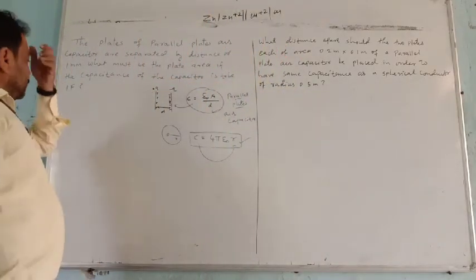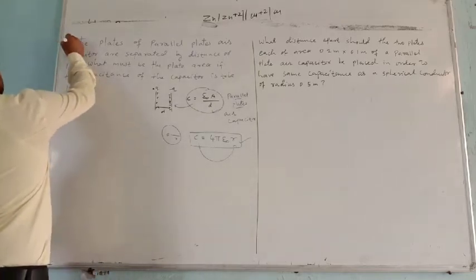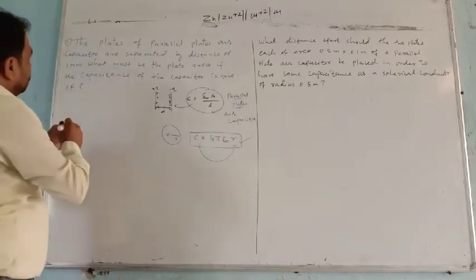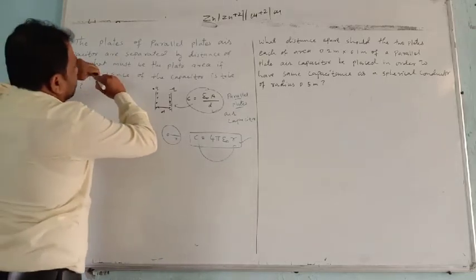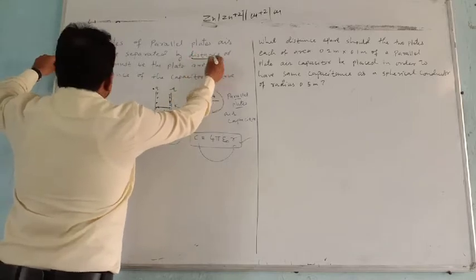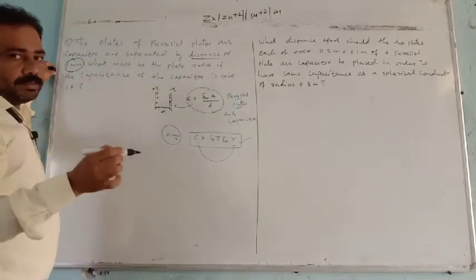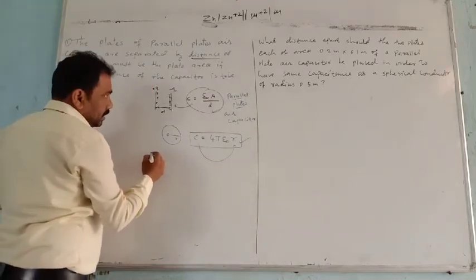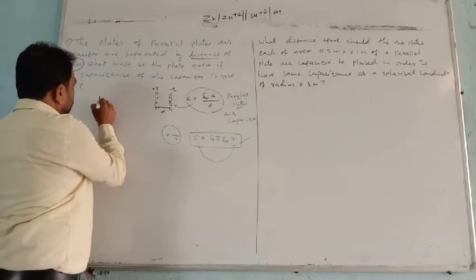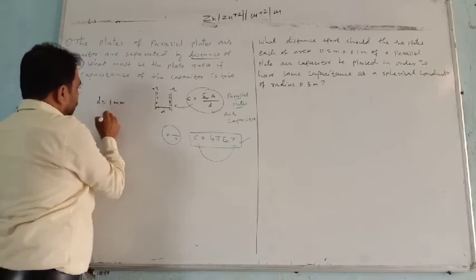The first application given to us: the plates of a parallel plate air capacitor are separated by a distance of 1 mm. So we can write the distance d is equal to 1 mm. What is 1 mm?